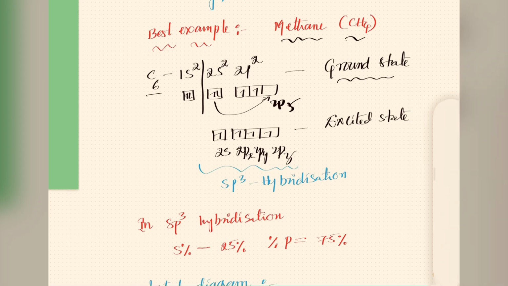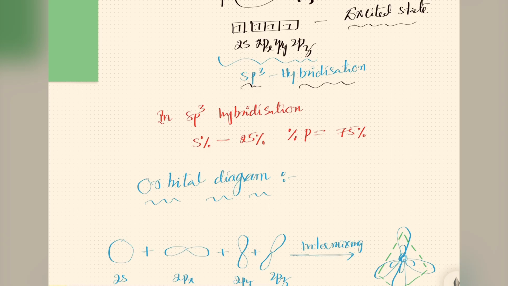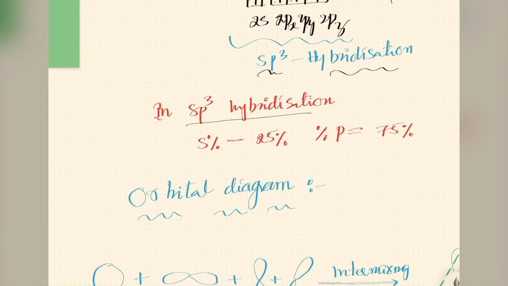You can see here 1, 2, 3, 4. So that is 2s, 2px, 2py, 2pz. So these four atomic orbitals intermix in the excited state. You get here sp3 hybridization. Clear? Just now I discussed that in sp3 hybridization, s character is 25%, p is 75%.